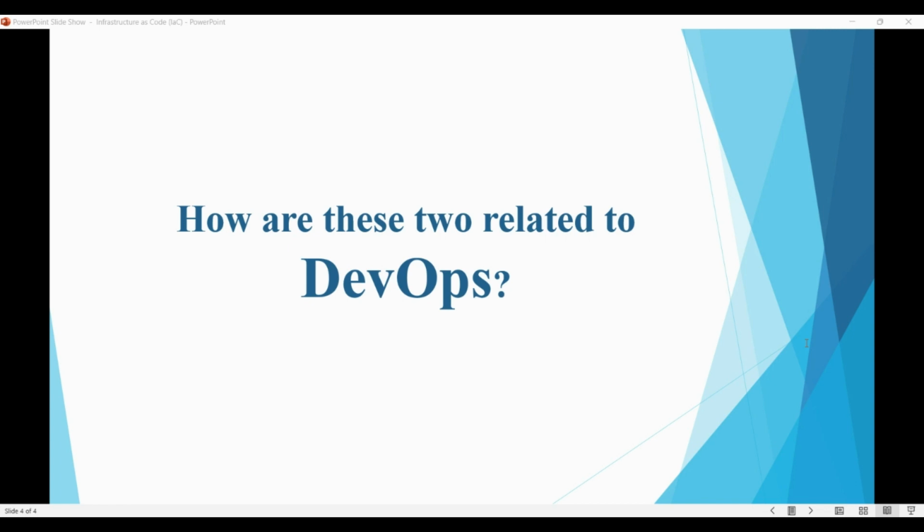So we can say that overall, IaC as a practice and programmable infrastructure as the ability are the key enablers of the DevOps approach to software development and deployment. And both of these are widely adopted by organizations looking to improve the speed, reliability, and security of their software delivery processes.